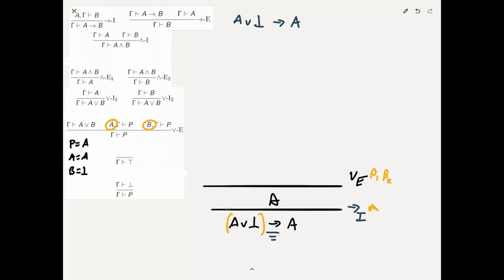So I need to show A or false, and I also need to show A, assuming the assumption A, and, sorry, also A, assuming the assumption false. Right, so in each of these two cases, I have two different assumptions. Here I have the assumption A, and here I have the assumption false. Okay, hopefully this makes sense.